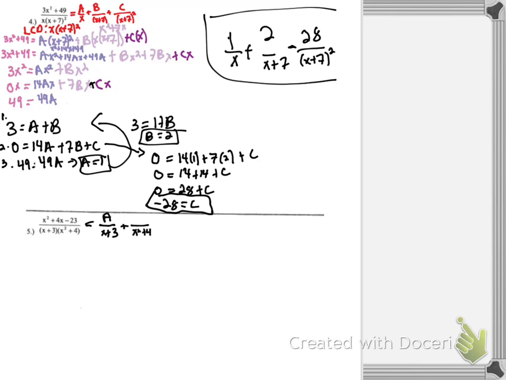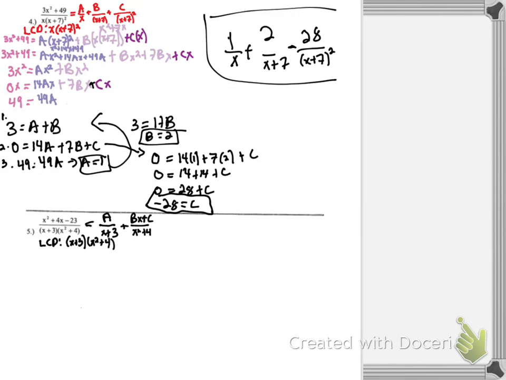And then over here we have x squared plus 4, which is a prime quadratic, so we put a linear above it. We represent linear equations by that slope-intercept form, y equals mx plus b, so this is just going to be bx plus c. We have our LCD, which is that original denominator, x plus 3 times x squared plus 4.